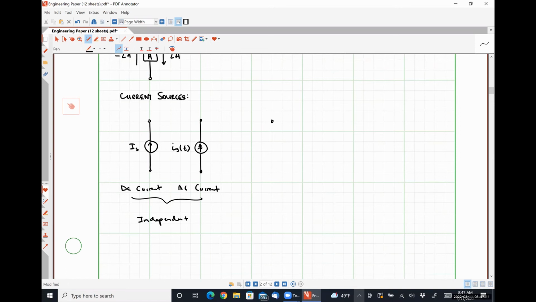Over here to the right, we're going to talk about our dependent current sources. So this guy is what's going to be called a current controlled current source.